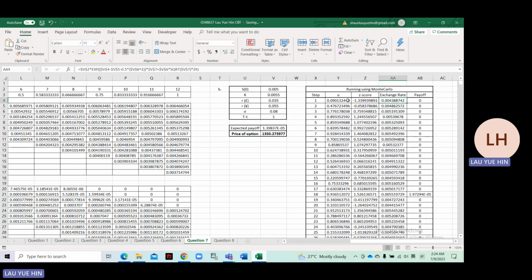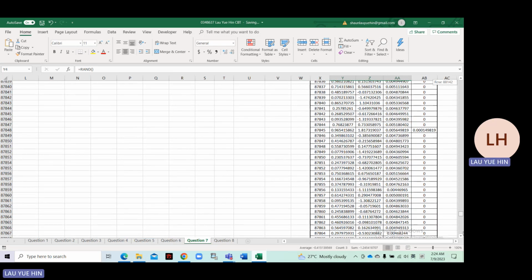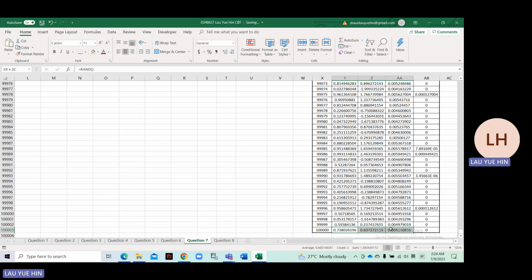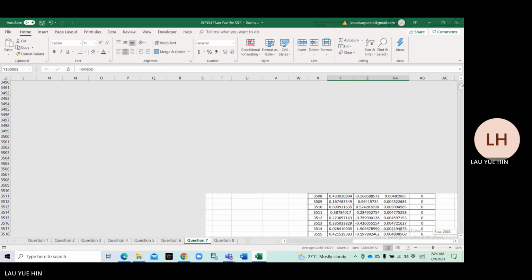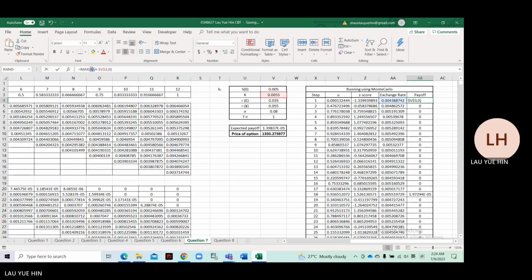And then I drag everything down until 100,000 here. And to find the payoff is actually the maximum of exchange rate minus K. And I drag everything down again until 100,000.